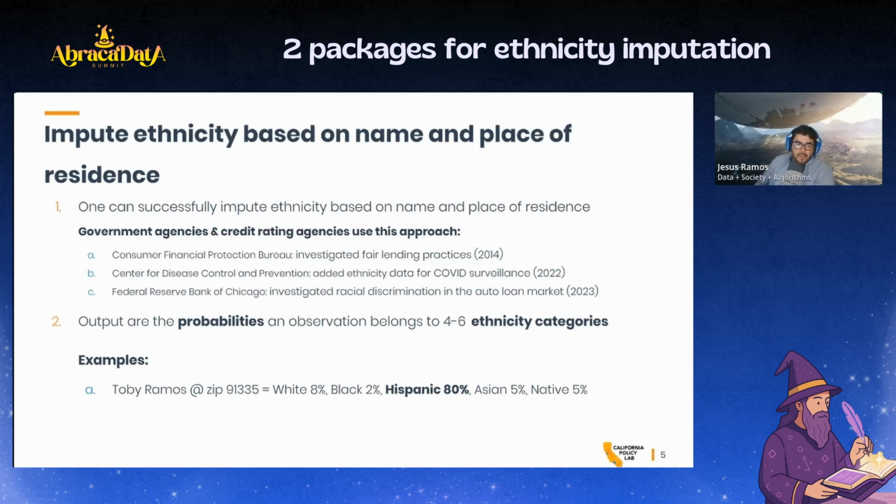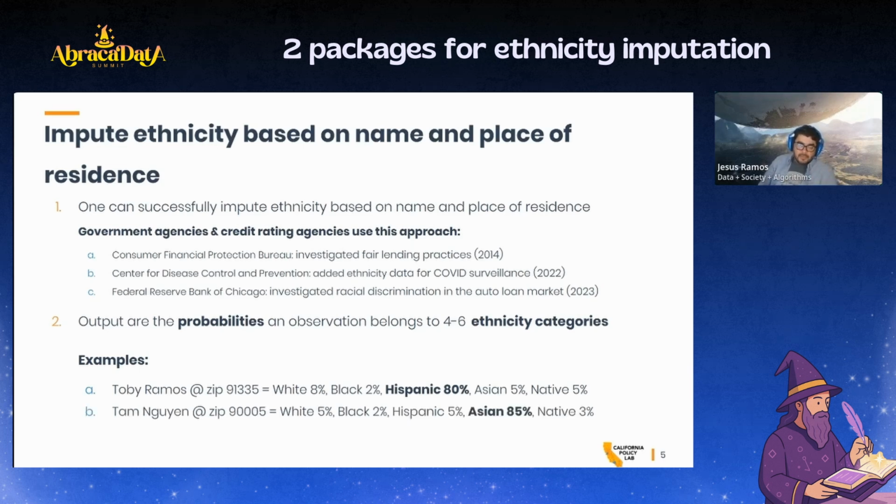For example, we have Toby Ramos. Sounds like a baseball player, and he lives apparently in zip code 91335. When run through any of these models, being Bayesian, what we have is a vector of probabilities, where the high probability is that Toby Ramos is Hispanic.